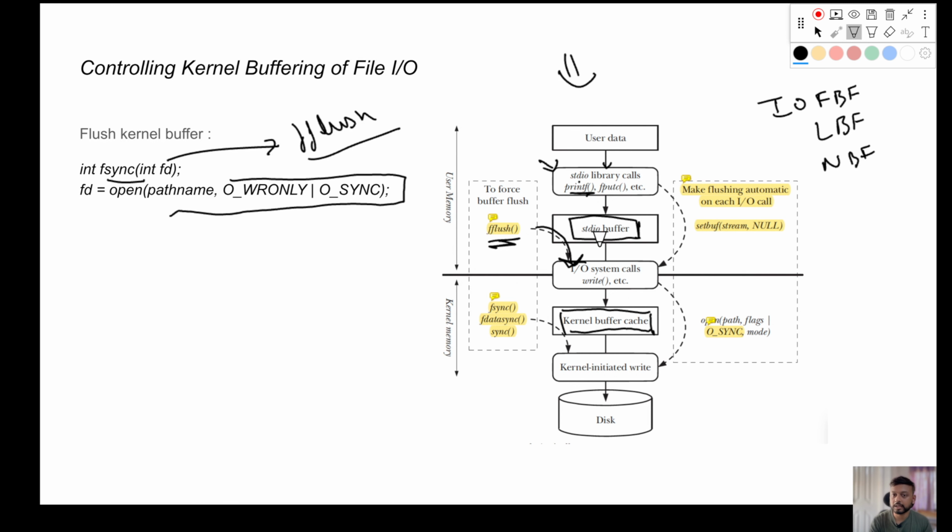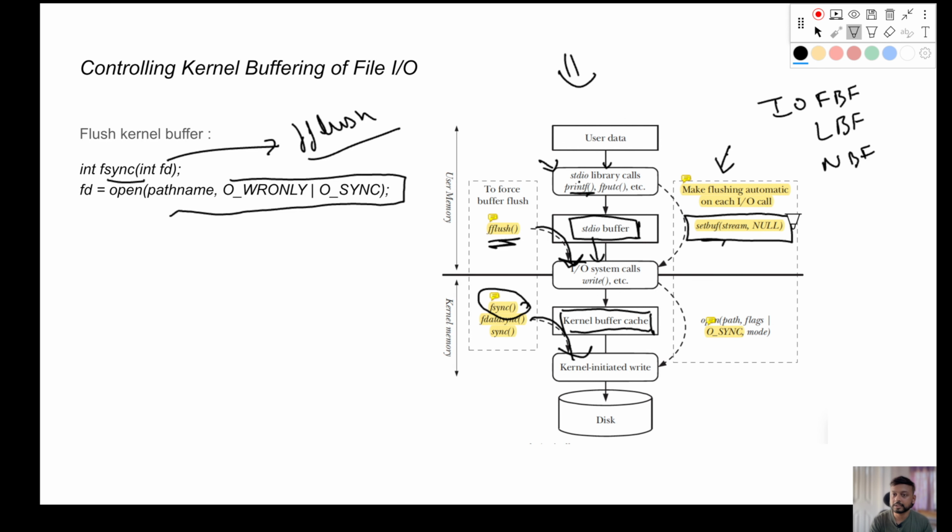The data would also get written to the kernel buffer on encountering a new line in case of line buffered, or if the buffer gets full in case of full buffered, and it goes into the kernel buffer. The fsync system call is used to flush the kernel buffer into the disk. This is where the actual write happens. If we don't invoke fsync, then it is up to the kernel to decide when it is going to initiate the disk write.